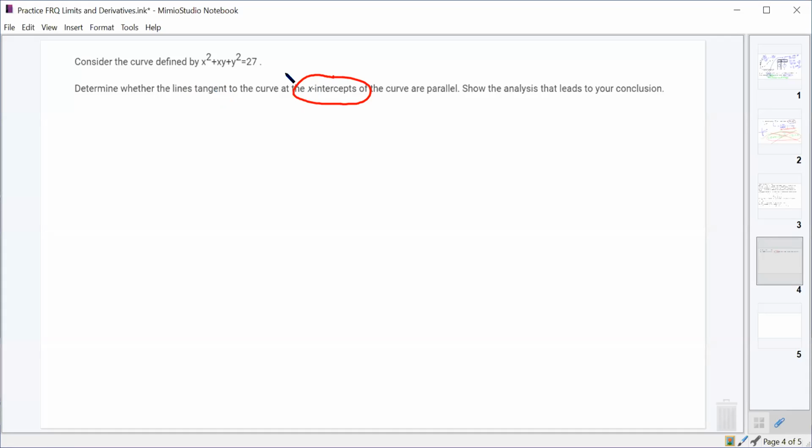Plug in y equals 0. Exactly. So we'll put in y equals 0, which will give us x squared plus 0 equals 27. Right? X-intercepts are when y is 0. So x squared equals 27, or x equals positive or negative root 27, which we could write as 3 root 3. Good or no?